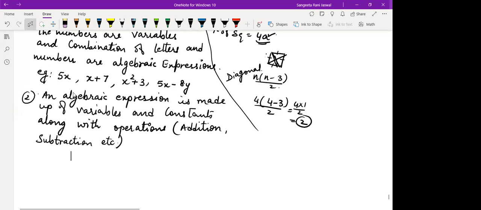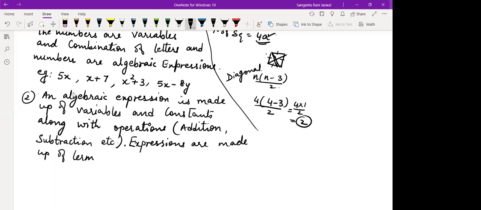Along with operations, expressions are made up of terms. Now, for example, the example which I gave you here, x square plus 7.